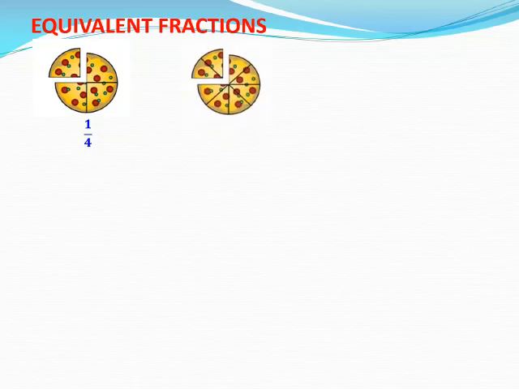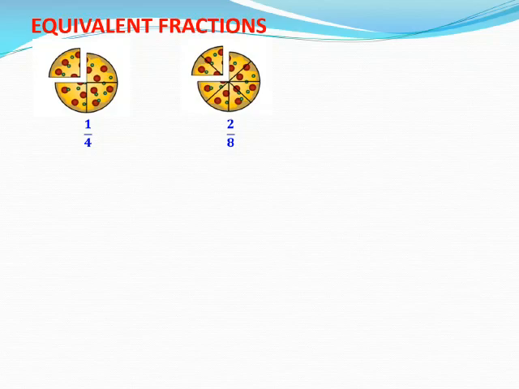See the next figure. This pizza is divided into 8 equal parts. And your brother ate 2 parts out of that. 8 parts. Now, how do we write the fraction? 2 by 8. Here, who ate more? Or who got bigger piece?